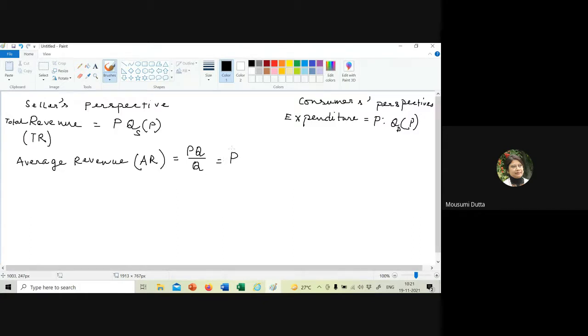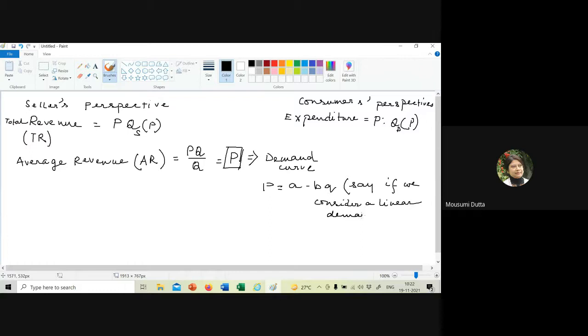P is equal to A minus BQ. This is the standard format of the linear demand equation.